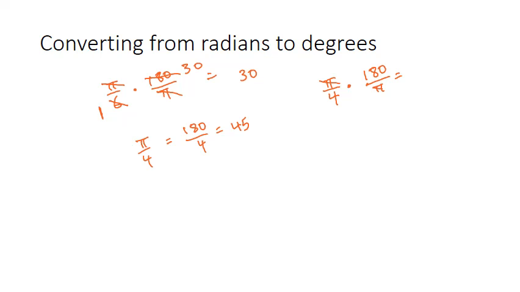The pi's are going to eliminate. Both 4 and 180 are divisible by 4. 4 divided by 4 is 1, and 180 divided by 4 is 45. We multiply across, it's 45 over 1, which is just 45. So either way, you'll get the correct answer.